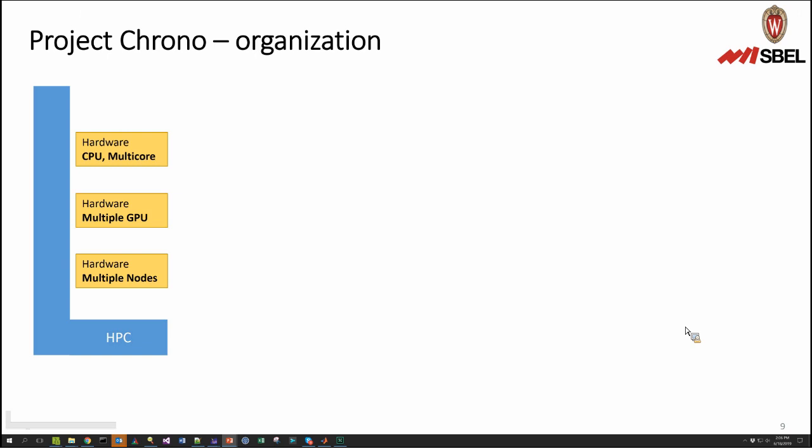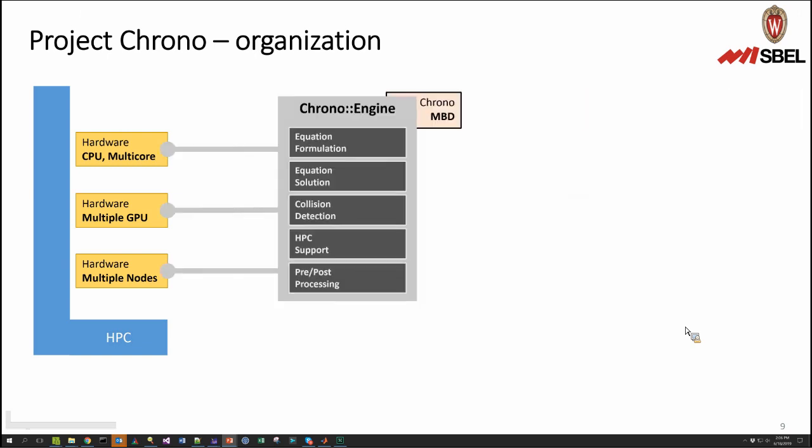On this hardware infrastructure rests a set of core modules, or blocks. One of these blocks provides support for equation formulation in the code. Another block is aimed at solving these equations. We have support for collision detection, high performance computing support, and pre and post processing.